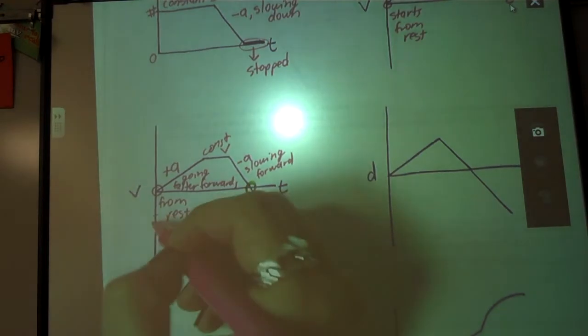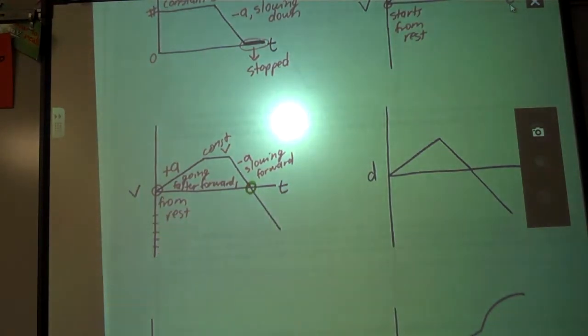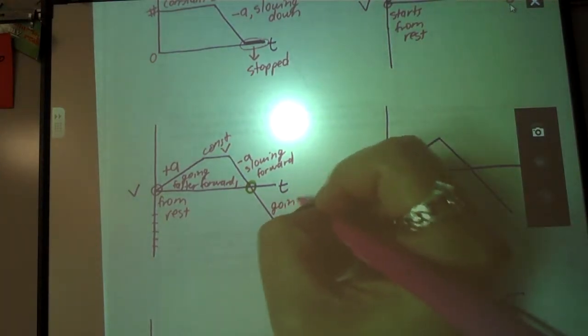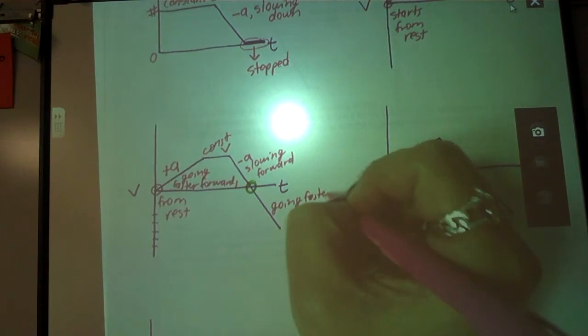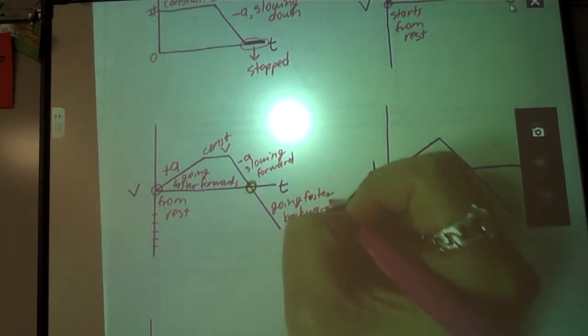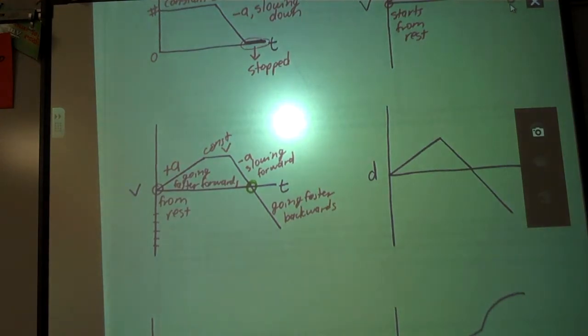So if we think about the numbers on this number line here, even though they are negative, they are getting bigger. So I am accelerating. I am going faster, but in the negative, in this case backwards, direction.